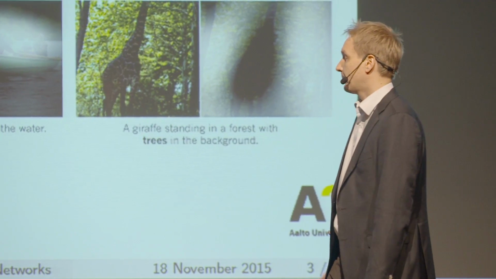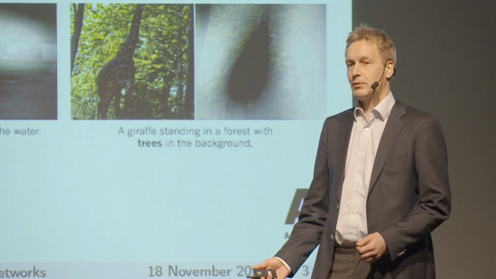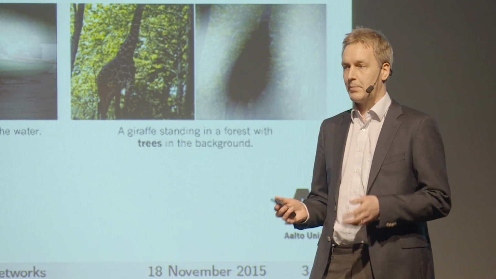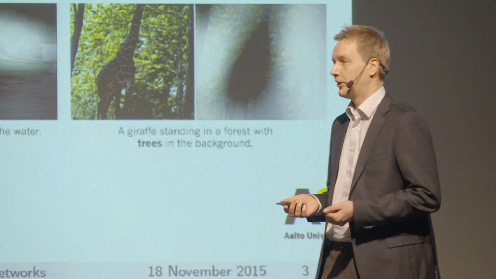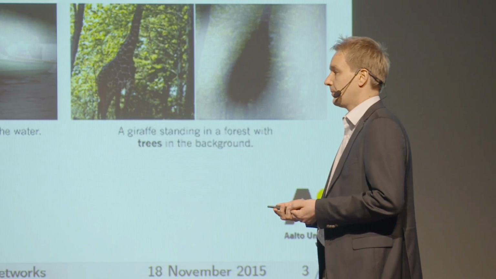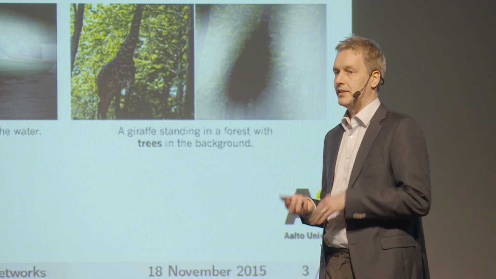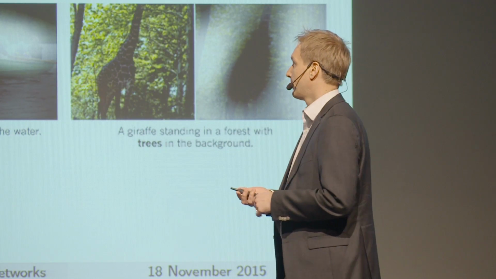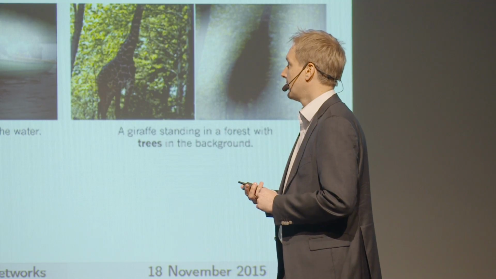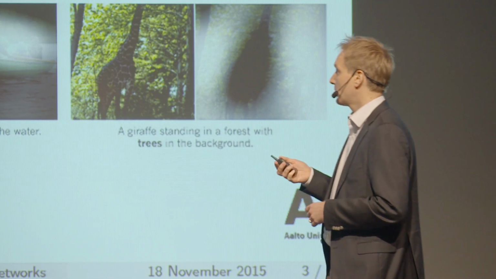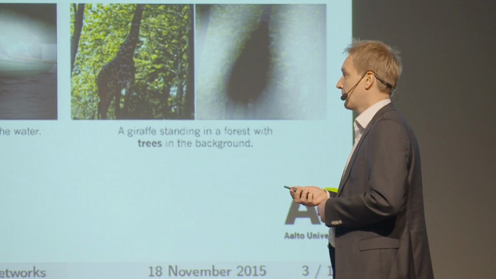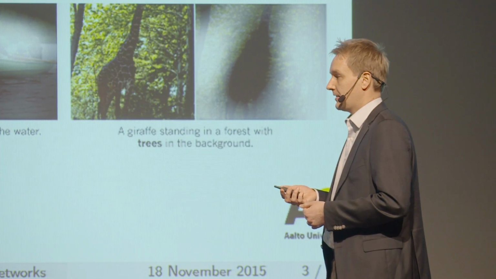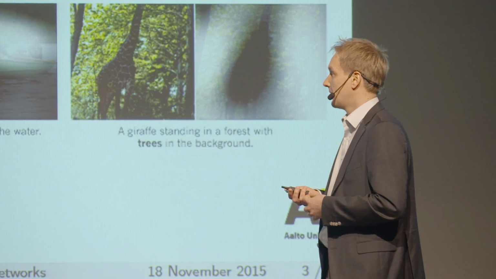For instance, we have data with text captions for images, so we can now learn, when given a new image, to describe the contents using text. These examples are new images that have never been shown to the convolutional network, and it's able to tell what's in the image.